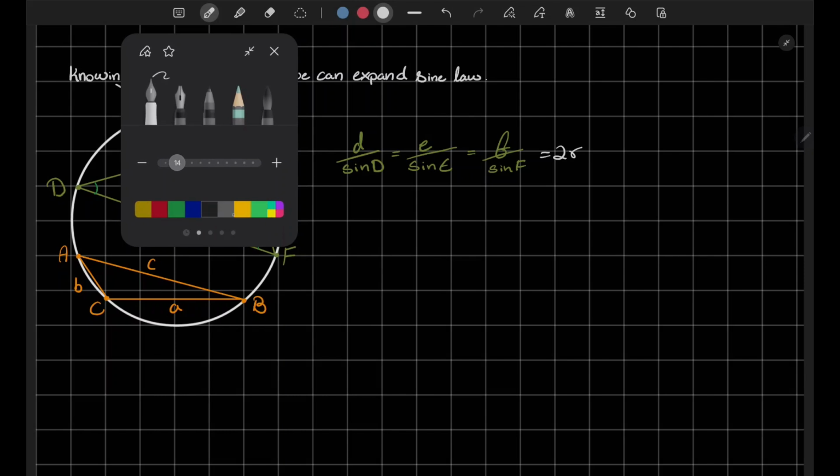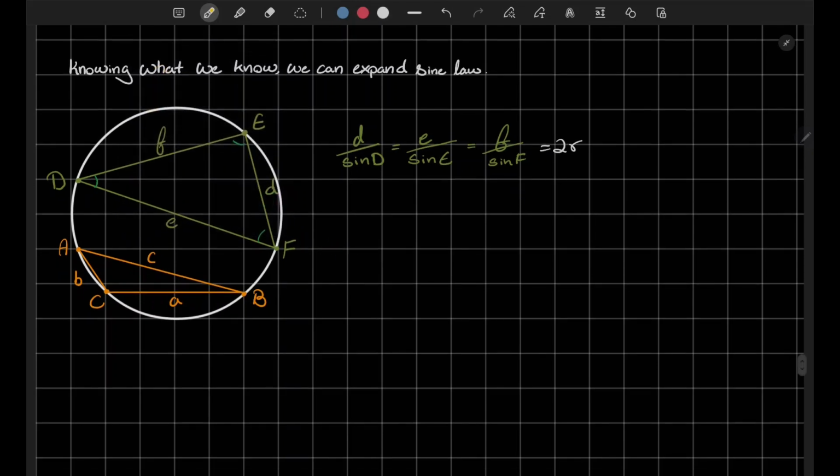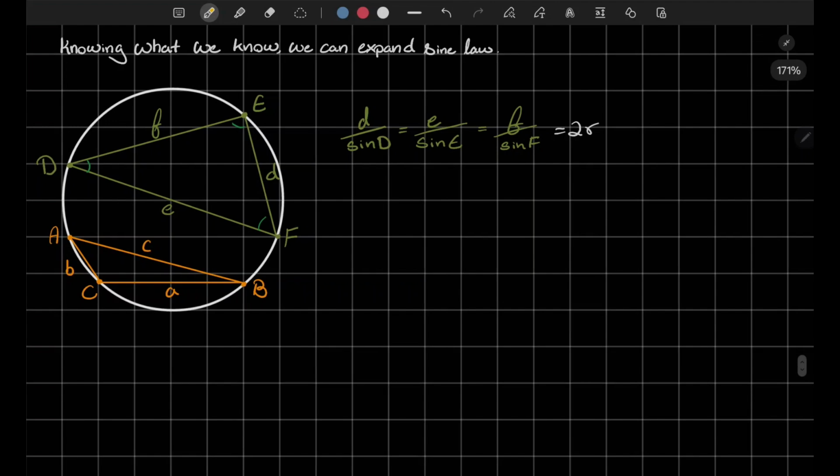And for our gold triangle, we have the same thing. A over sine of A equals B over sine of B equals C over sine of C equals 2R.